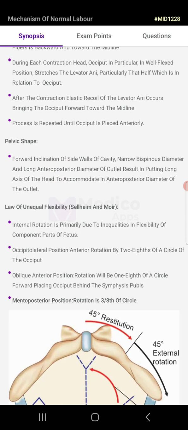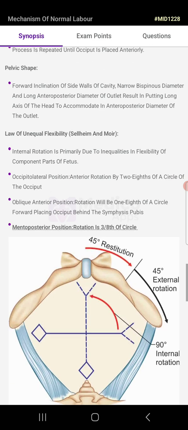Pelvic shape: forward inclination of the side walls of the cavity, narrow spinous diameter, and long anteroposterior diameter of the outlet, resulting in the long axis of the head accommodating in the anteroposterior diameter of the outlet. Law of unequal flexibility: internal rotation is primarily due to the inequalities in flexibility of the component parts of the fetus.